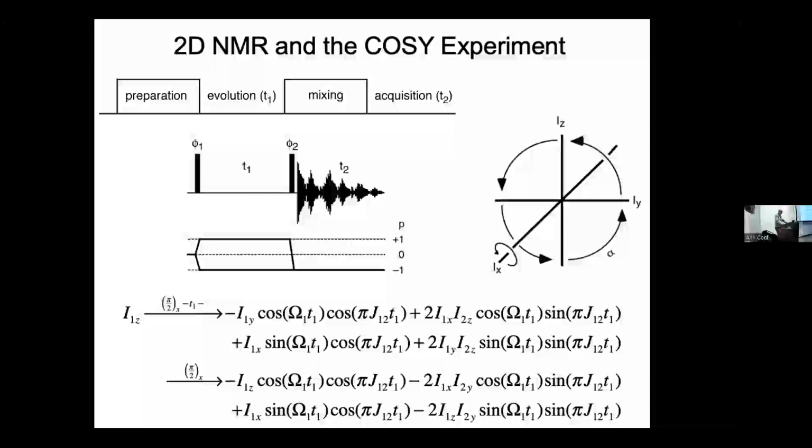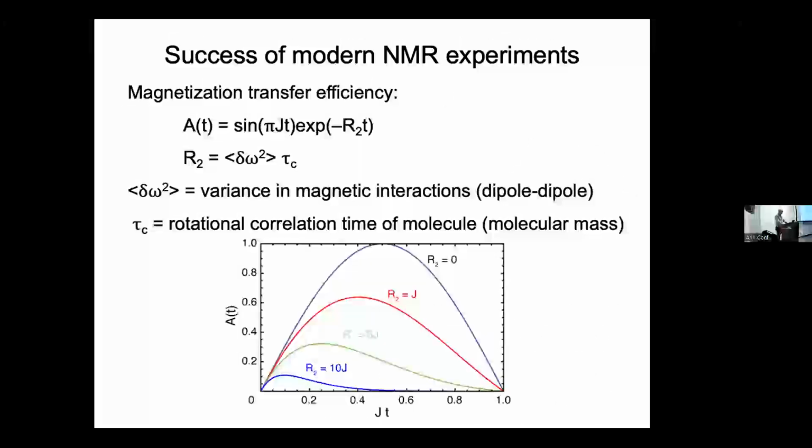On the other hand, it's not enough that the J coupling be non-zero, it has to be resolved relative to the relaxation rates. Because what's really happening is we're building up that antiphase term by a sinusoidal function, but our signal is decaying away with some relaxation rate constant. So these are competing processes, and you can see what happens here. If there's no relaxation, I just have the sine curve.